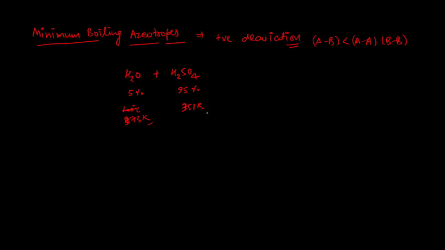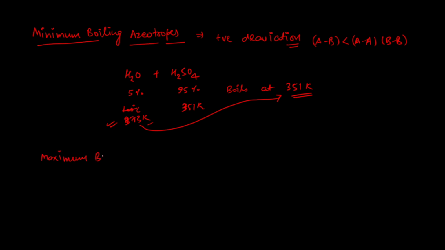But when mixed, the mixture boils at 351 Kelvin. That means it decreases from 373 to 351. That is why it is called minimum boiling azeotrope.